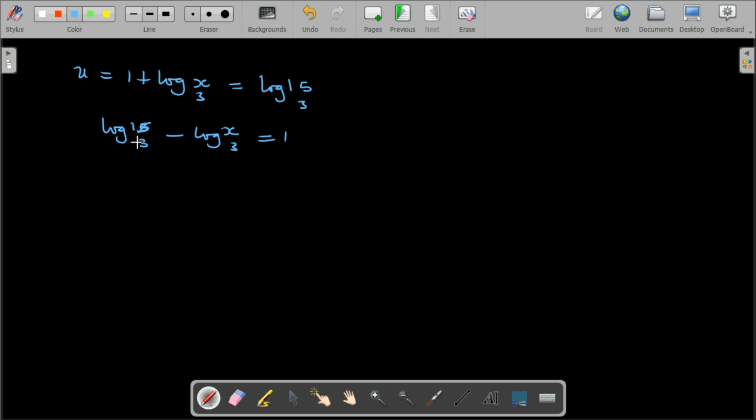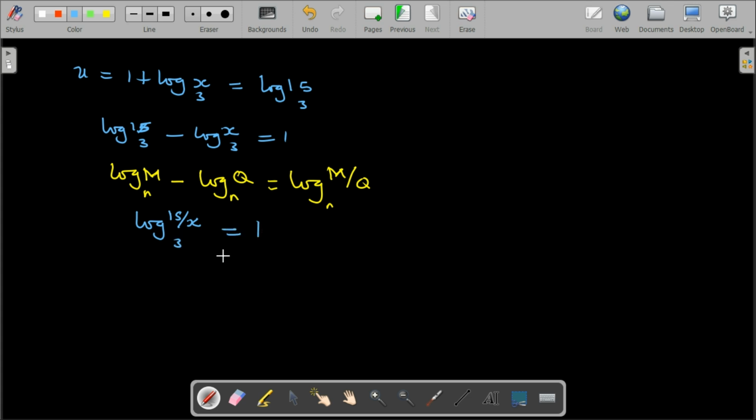Using your law of logarithm, you recall that the logarithm of a particular number m to a particular base, let's say base n, minus the logarithm of another number, let's say q, to the same base, is nothing but the logarithm of m divided by q to that same base n. So we can bring this together, and we have the logarithm of 15 divided by x to base 3 equals 1.